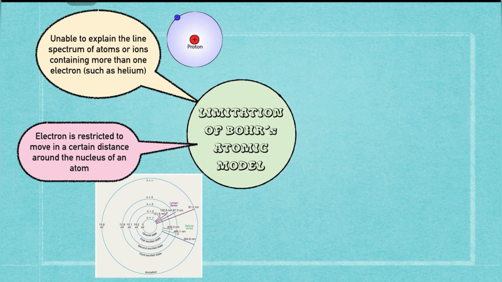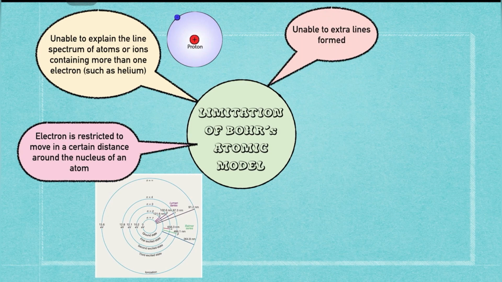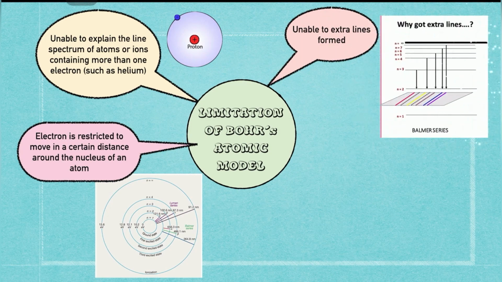The third one: it is unable to explain the extra lines formed. This is the same as the first point, so it cannot explain the extra lines formed.